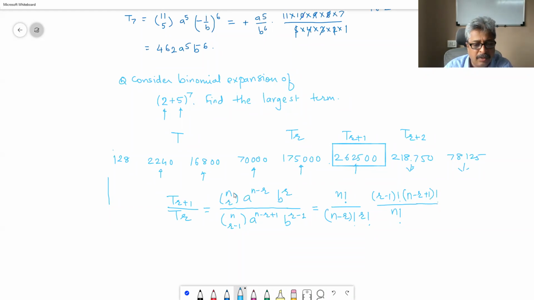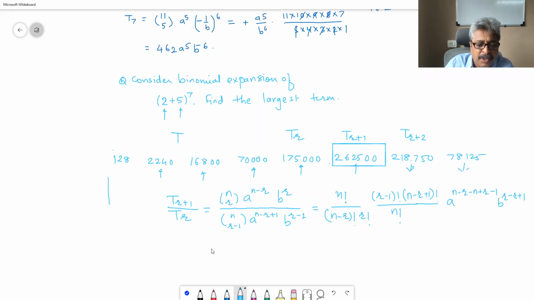So one factorial divided by the other we have done. Then the power of a is n minus r minus n plus r minus 1, and b is r minus r plus 1.